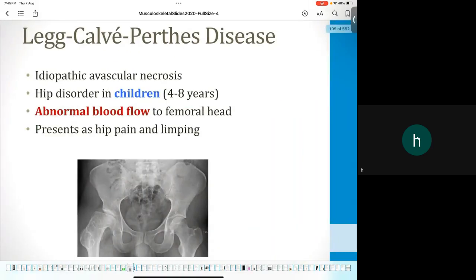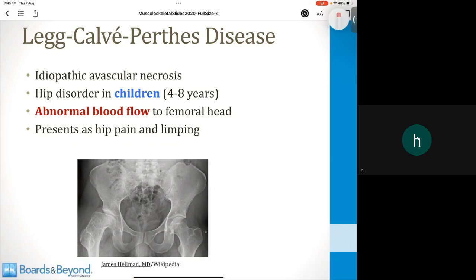Then we have another thing called Legg-Calvé-Perthes disease. It's commonly seen in children. What are we going to have in this condition? We are going to have abnormal blood flow to the femoral head. If we have abnormal blood flow to the femoral head, it can lead to avascular necrosis.